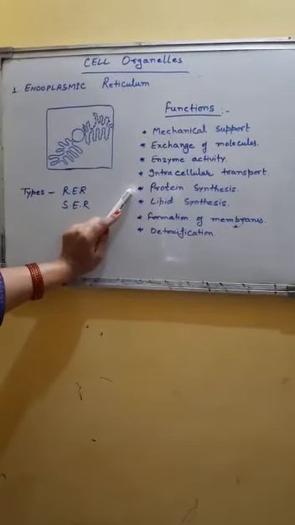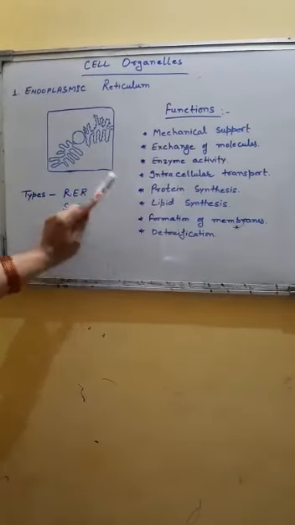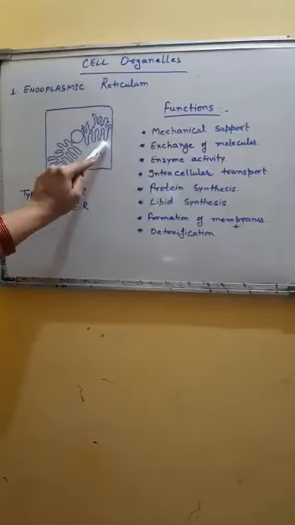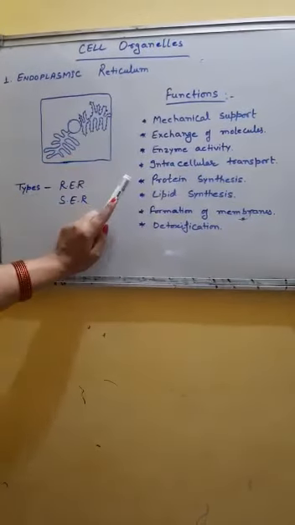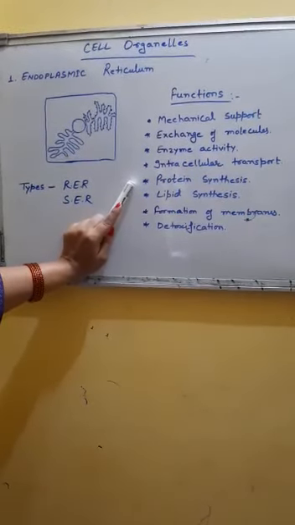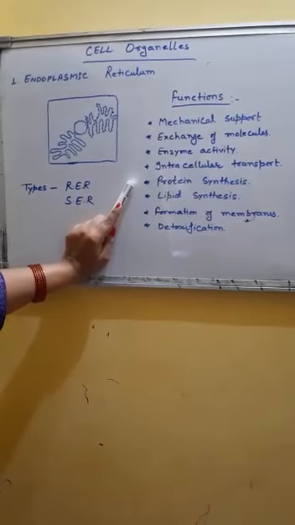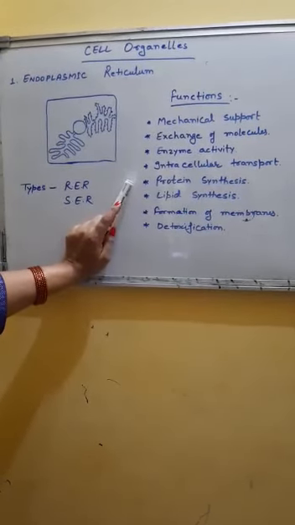The other function of endoplasmic reticulum is protein synthesis. As we have seen, RER provides the site to ribosomes, and ribosomes are basically responsible for protein synthesis. So in that way, the endoplasmic reticulum helps in formation of protein.